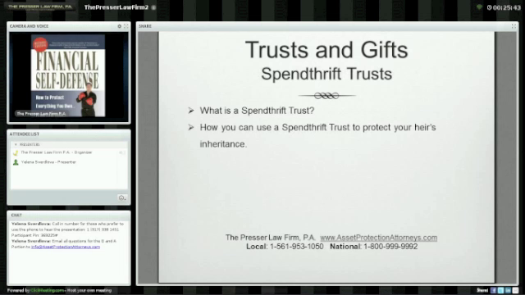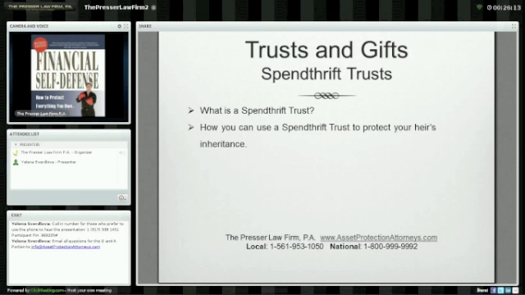So a lot of people ask, what is a spendthrift trust or a spendthrift clause? Essentially, spendthrift language is just anti-creditor or asset protection language that's there to protect the beneficiaries. It might be there to protect the beneficiaries from themselves, or to protect them from creditors. So for example, a trust that does not have spendthrift language might read as follows: when my son turns 25, he gets all of the assets in the trust.